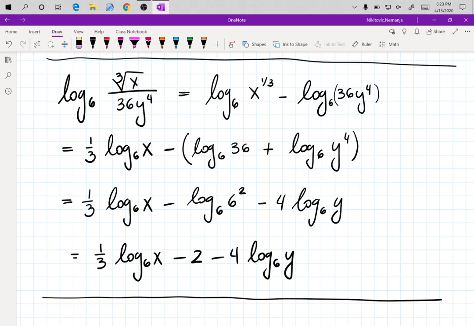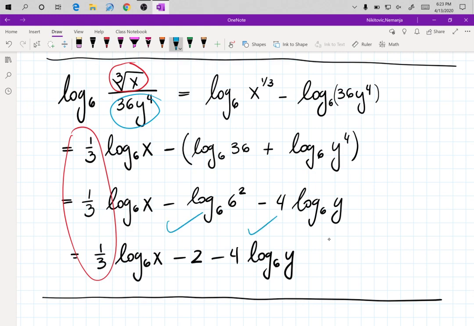One thing that is important is, and I'm hoping those of you that are watching are paying attention closely here, observe that what was in the numerator is positive, and everything that is in the denominator is negative. I hope you see that.